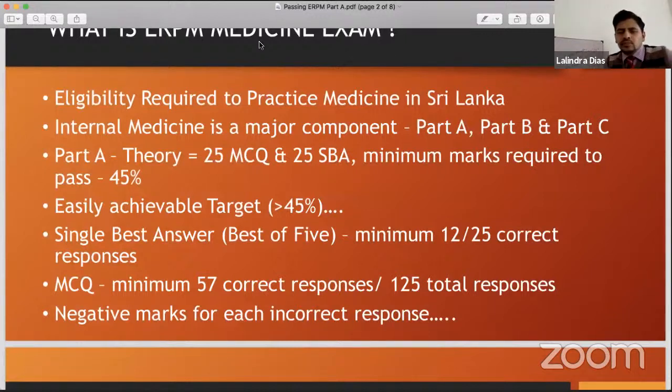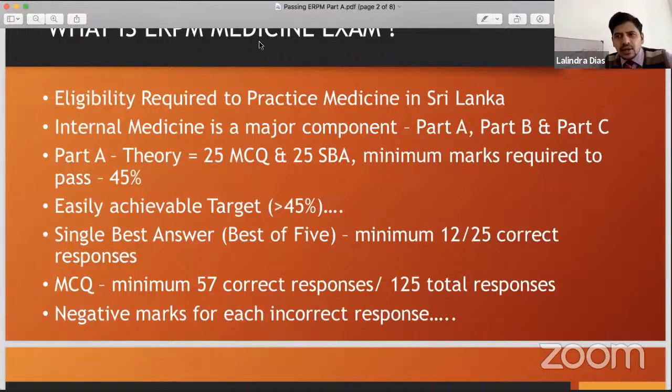So, guys, the minimum you need to get is 57 responses, because I told you every MCQ has 5 responses. That is true or false type of questions. So 25 into 5 is 125.